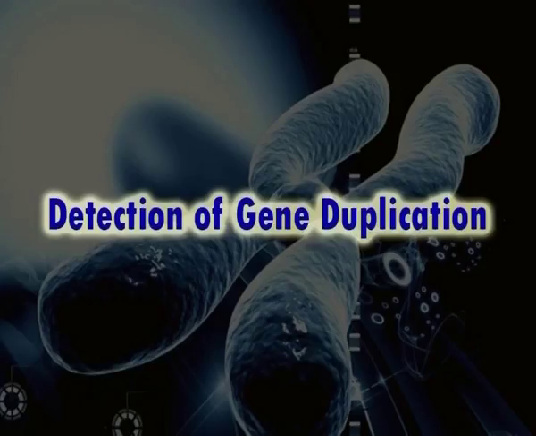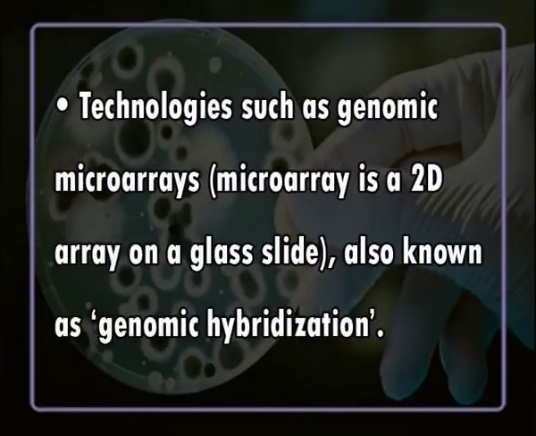Detection of gene duplication. Technologies such as genomic microarray, a 2D array on a glass slide, also known as genomic hybridization, are used to detect chromosomal abnormalities such as microduplications in a high throughput fashion from genomic DNA samples.